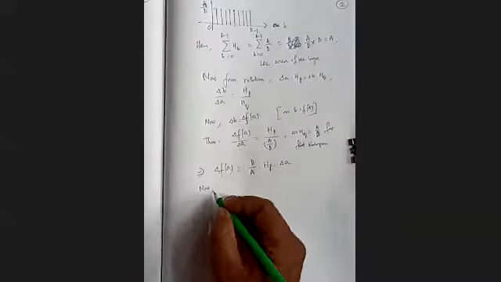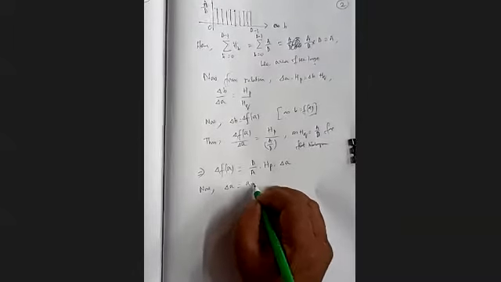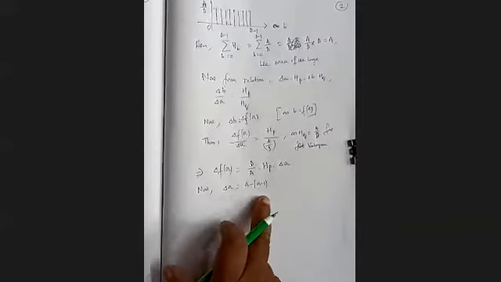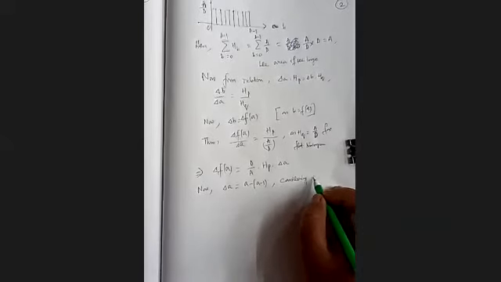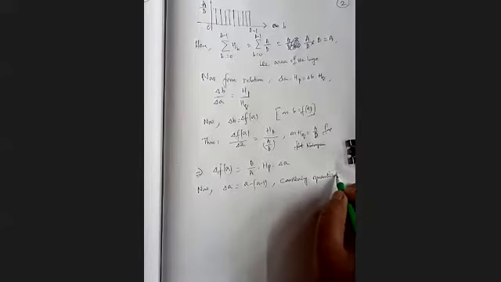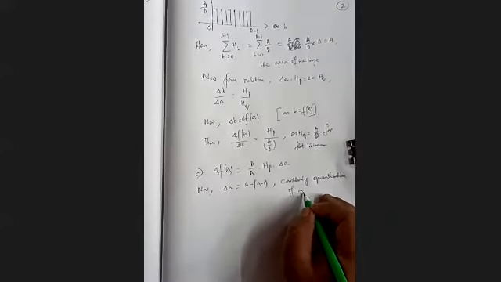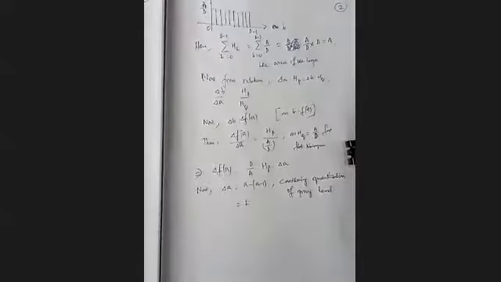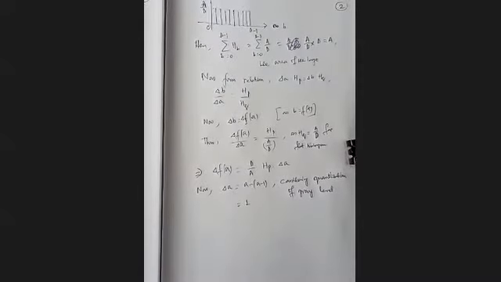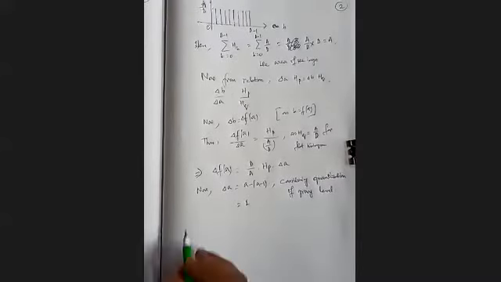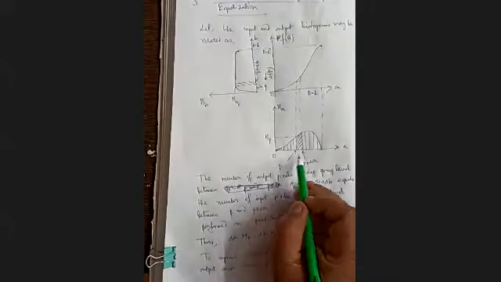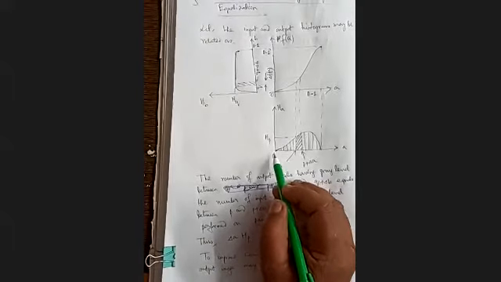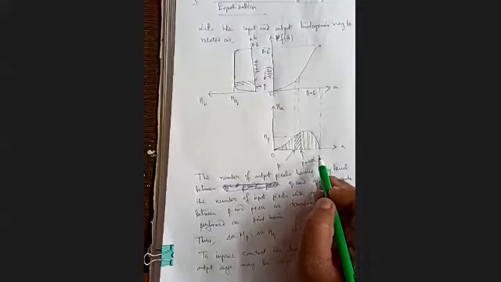Now what is delta A? It is the change in A. Considering quantization of gray level, delta A equals 1, because all the gray levels change by one amount: 0, then 1, 2, 3, 4 up to capital D minus 1.